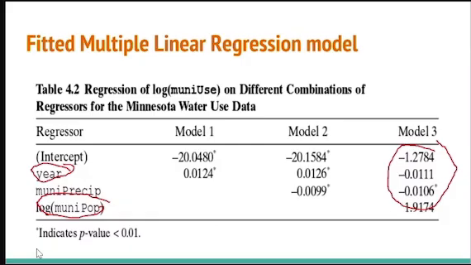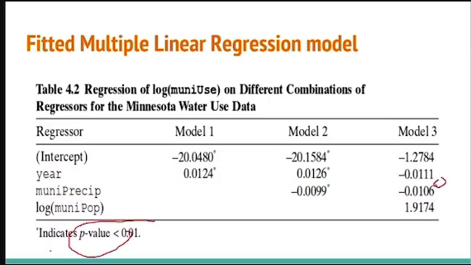Do you see the asterisk? Asterisk indicates significance. So model 3 is only telling me that what is significant is precipitation to the use of water. But we all know population also is significant, yet here it's not significant.